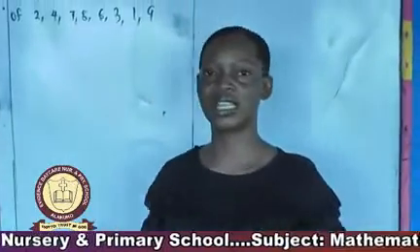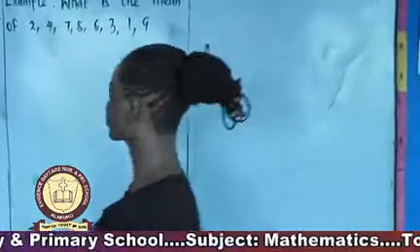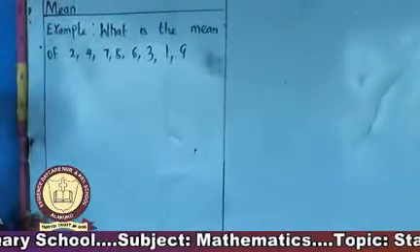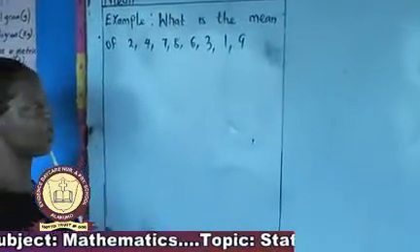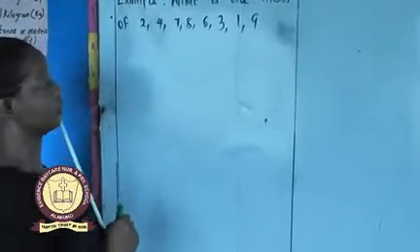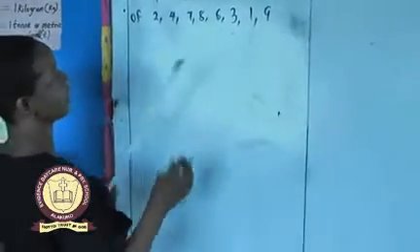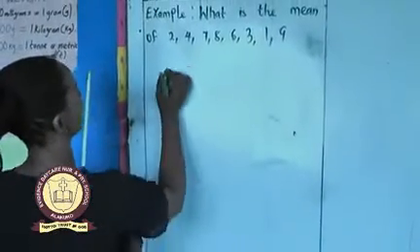Now, let's take this example. When doing mean, you are going to arrange from the smallest number to the biggest number. Now, let's do that. The smallest number we have here is 1.